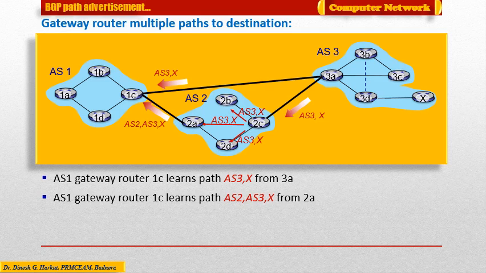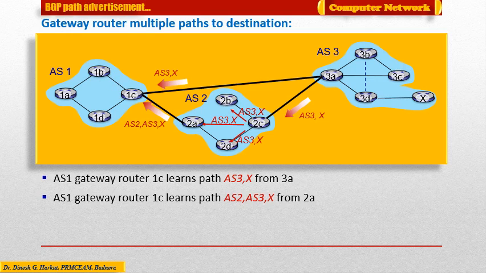Based on the routing policy of AS1, such as minimum number of hops or least cost, the gateway router 1C, on receipt of two different paths from two different sources, chooses or selects one path and advertises the same to all its internal routers via iBGP session.